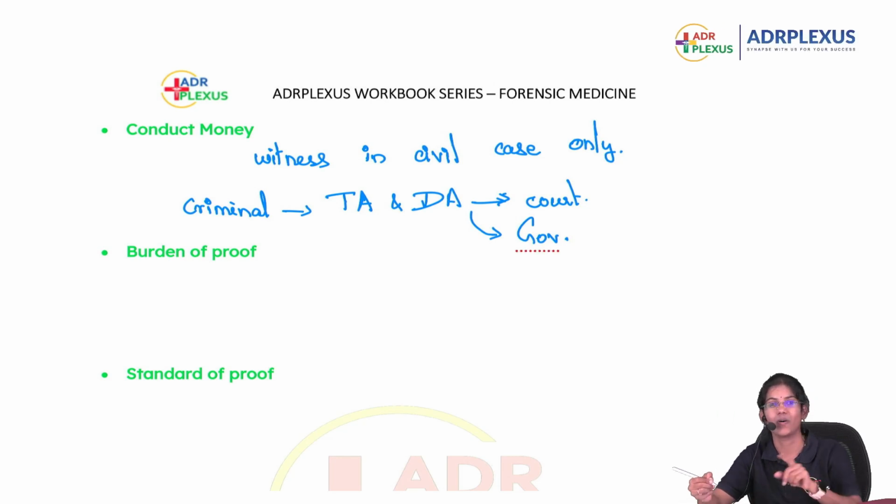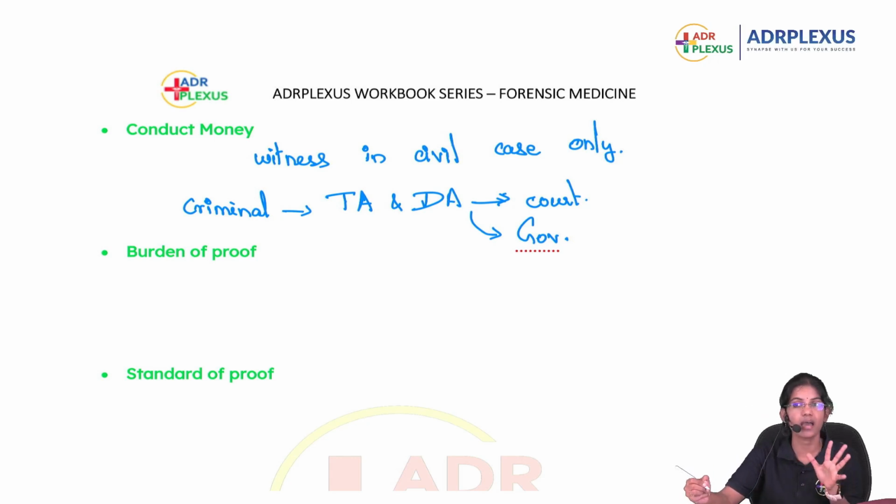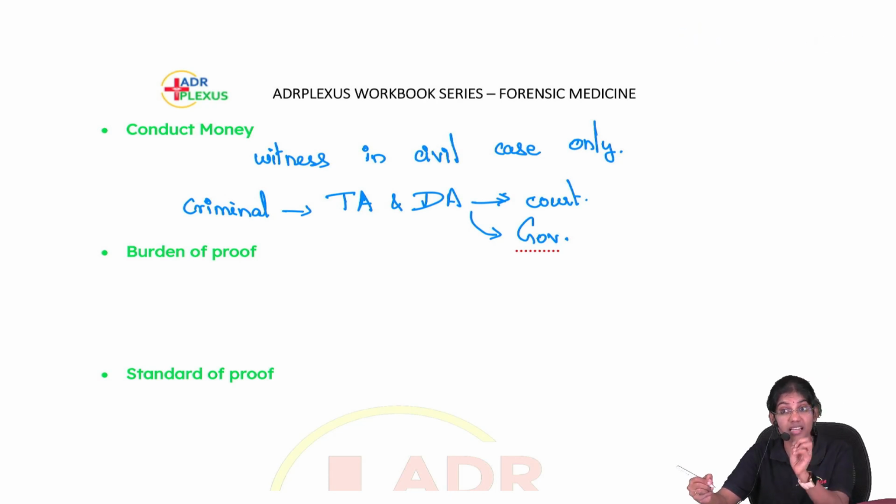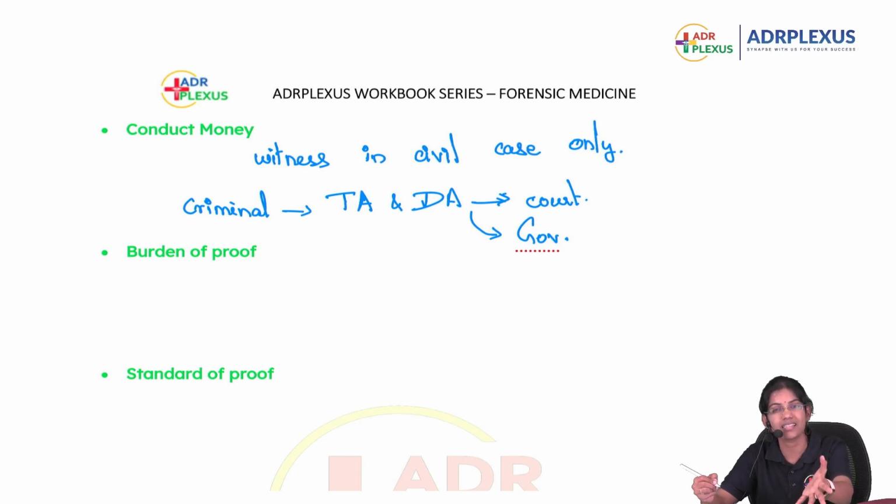Yes? Okay, then you have burden of proof. Who will prove what? The burden of proof that the crime has happened, right? Now this is where we will again be discussing corpus delicti, the essence of crime. First, there has to be a crime, and someone has to prove that a crime has happened and who has done it, right?